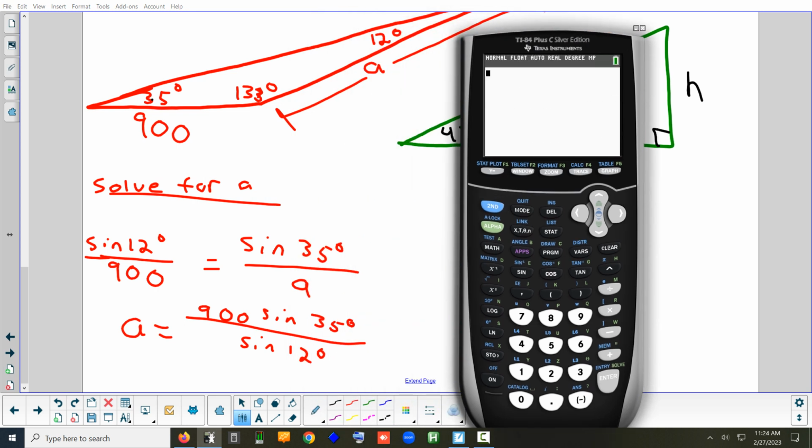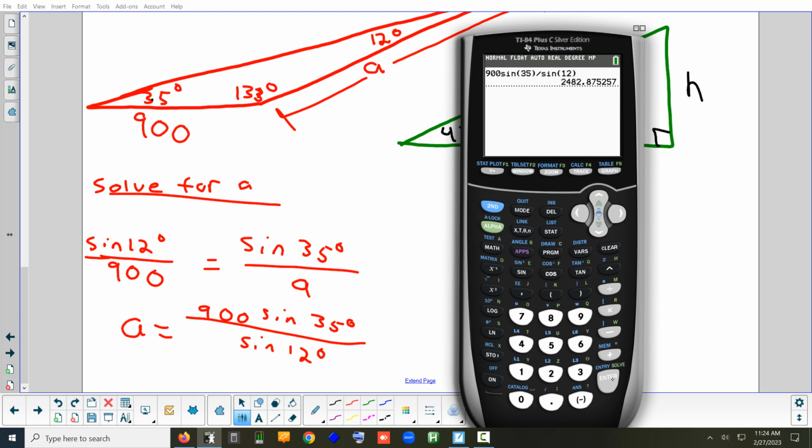Unfortunately, this is the kind of problem where you can't figure out what they want you to find directly. You have to find something else first. Then you can find what they want. Yeah, it's definitely a multi-step kind of problem.